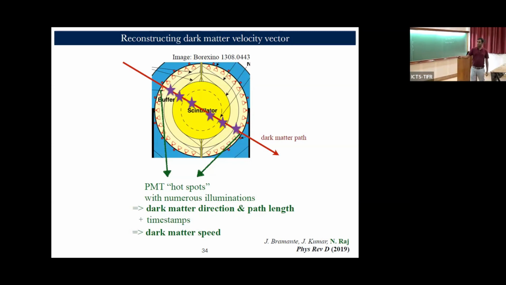That tells you what the dark matter speed is. So literally, event by event, you could reconstruct the speed of dark matter to a very good precision.